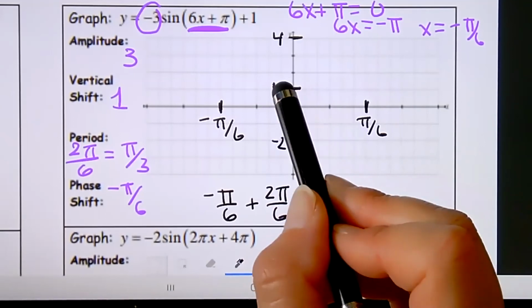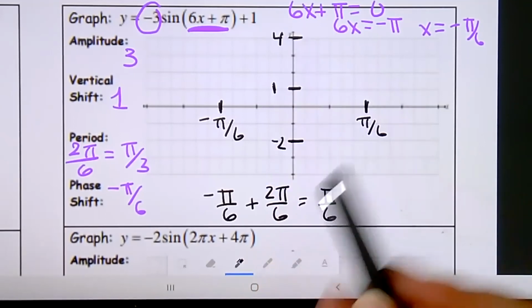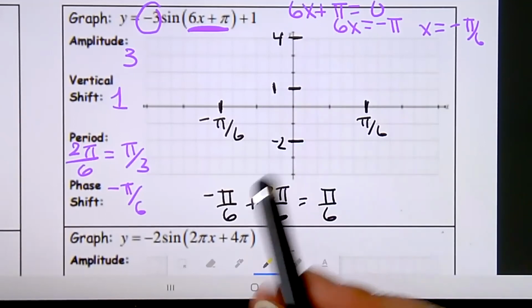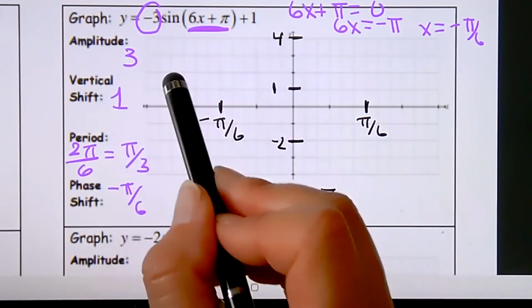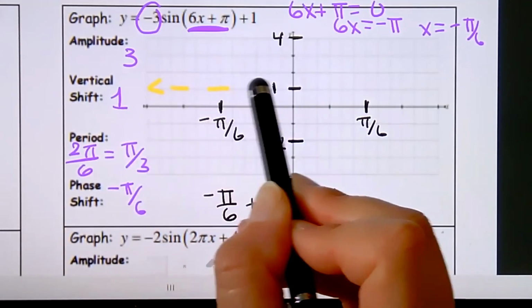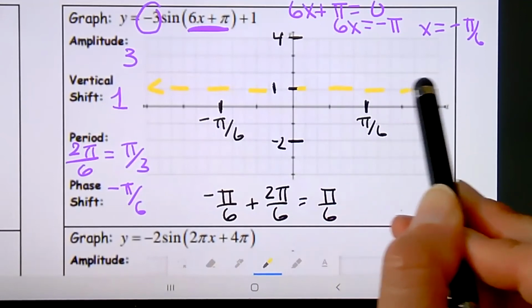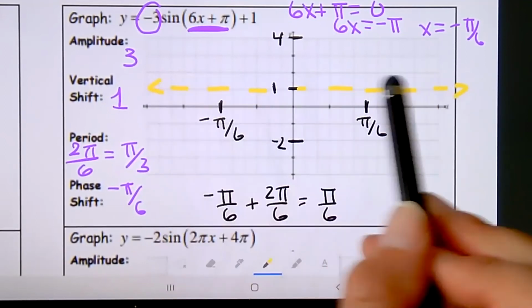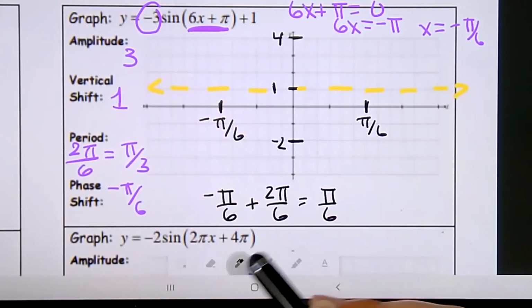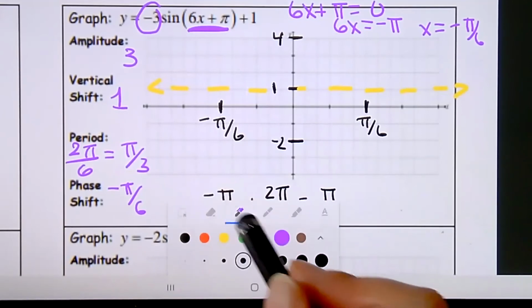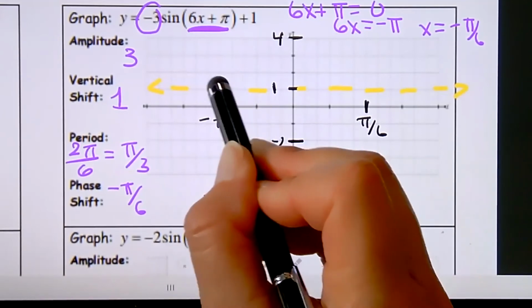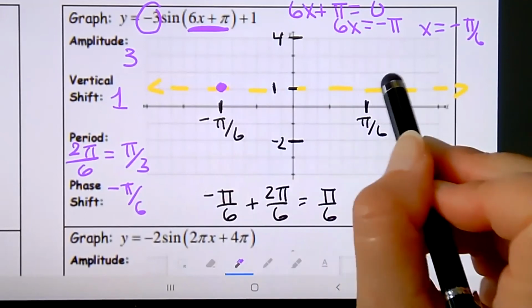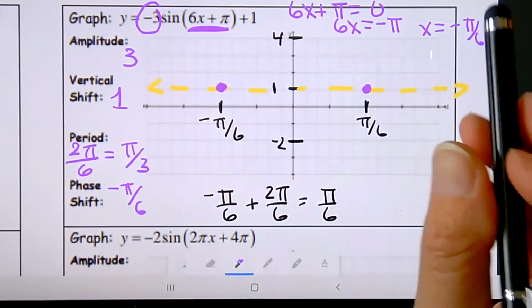So again, I want to see my middle, my high, my low. And let me draw in my vertical shift. So I'm right here. This is where my vertical shift is. This is where my zeros are. And I'm going to be starting at negative pi over 6 and ending at positive pi over 6.